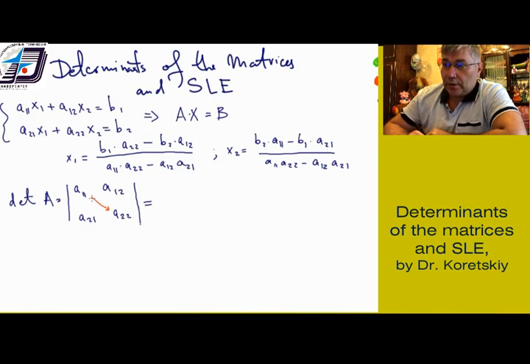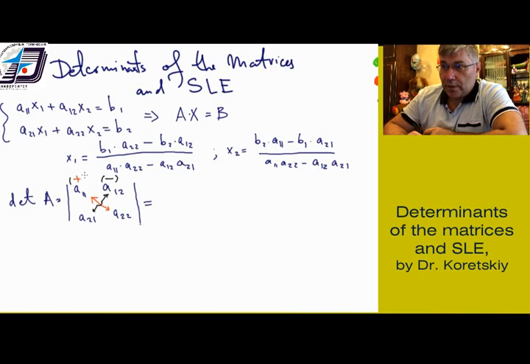We have to multiply elements along the principal diagonal of the matrix with sign plus. I denote here plus. We have to multiply elements which are along the inverse diagonal with sign minus.